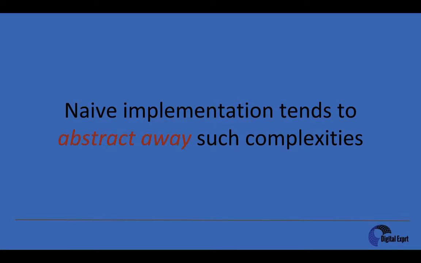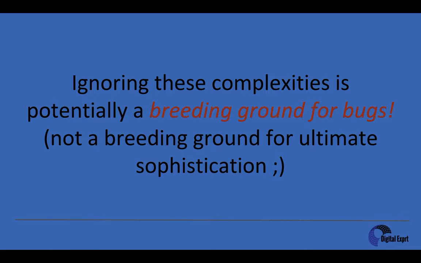For example, if I'm examining an unrealistic implementation of some business process automation, I often notice that latency and consistency and shared mutable state are completely ignored, and I find that a bit concerning and risky. Because when we ignore these complexities, we are creating a breeding ground for bugs, which are sometimes very difficult to squish. And this is definitely not a breeding ground for achieving ultimate sophistication, simplicity, etc.